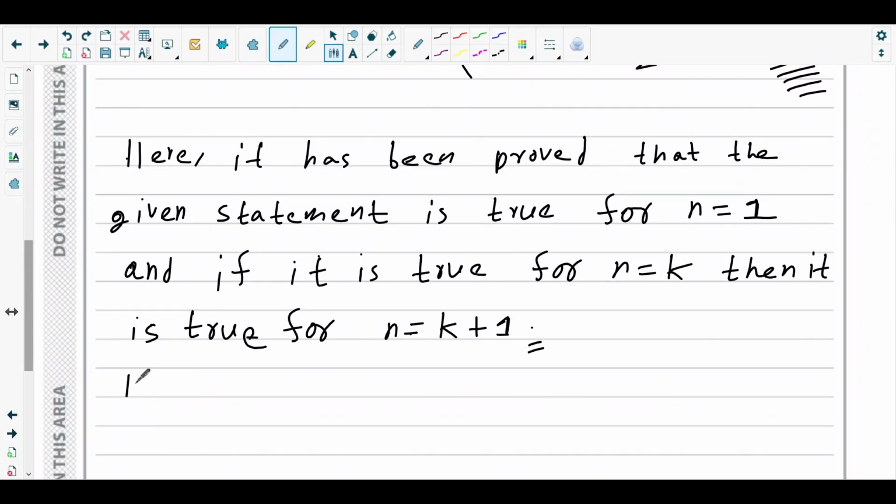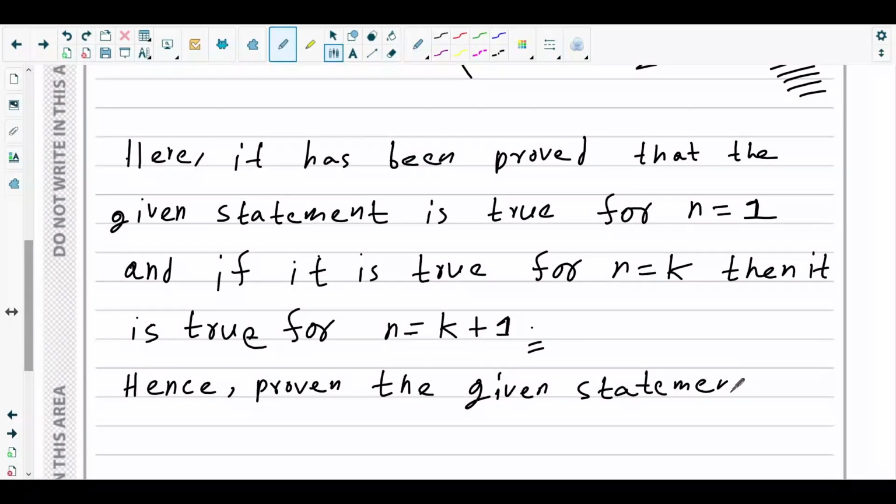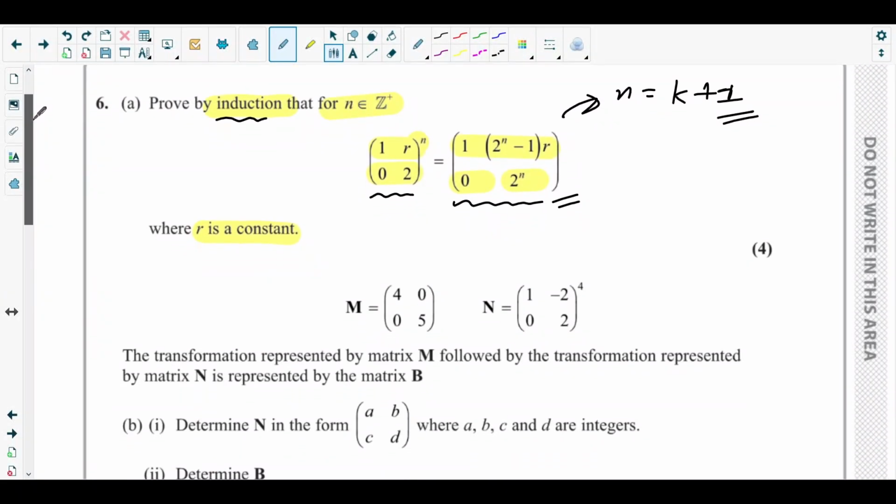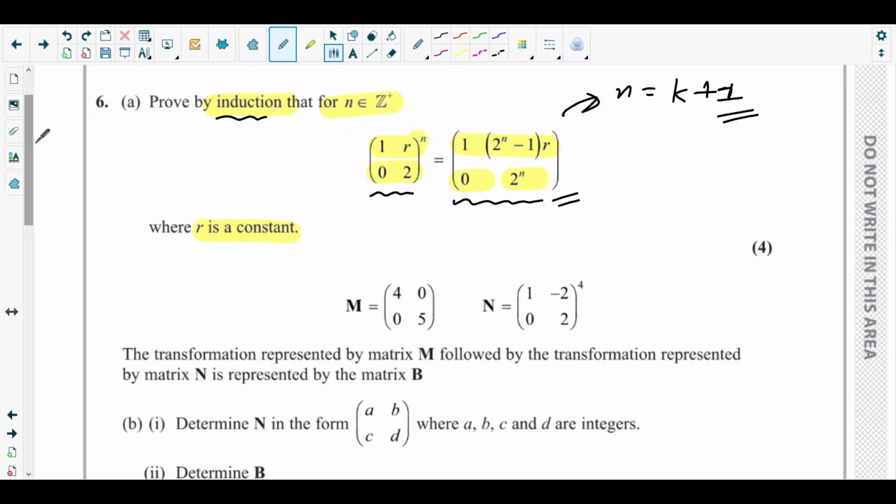Hence proven, the given statement is true for n an element of all positive integers. That's what part A of question number 6 has asked to prove.